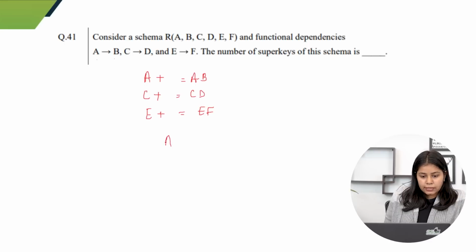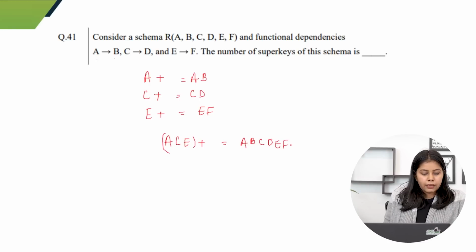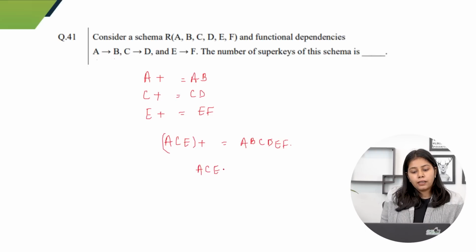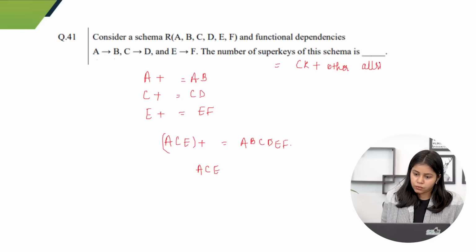I can see that if I take ACE plus, I'll get ABCDEF, right? And a candidate key is basically an attribute closure which has all the relational attributes, right? So here ACE is my candidate key. And a super key is basically a candidate key plus other attributes.